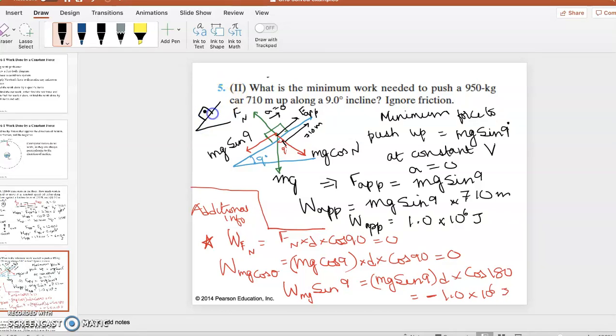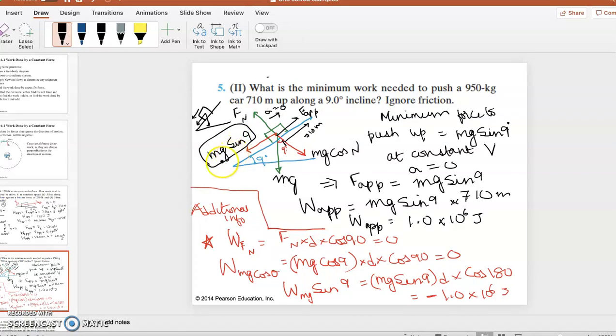This is the object. If you just leave it as it is, it will go down, and we mentioned earlier that it goes down under the effect of the x component of the gravitational force. So this is the force that we are trying to overcome.